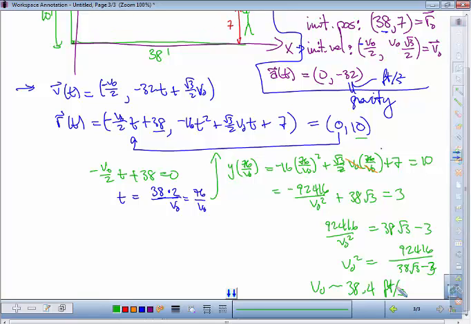But if you understand the different components of the velocity and the position function, you should be able to answer any of these weird questions by resetting up your integrals from the acceleration to the velocity to the position and putting in the correct initial position and initial velocity. Then if you have all those numbers fixed up and worked out nicely, you should be able to answer any question about this particular projectile. All right, any questions?